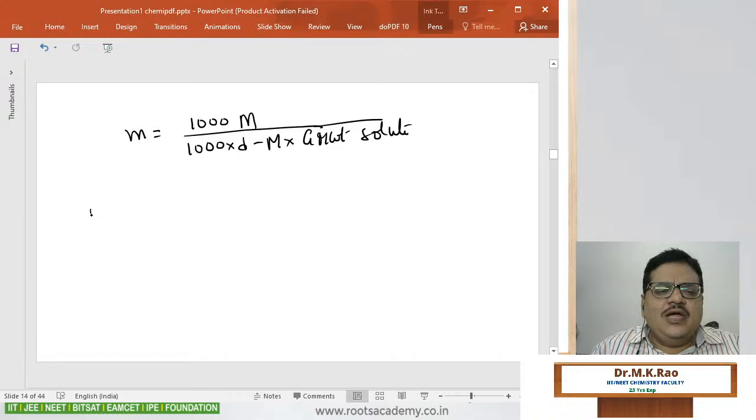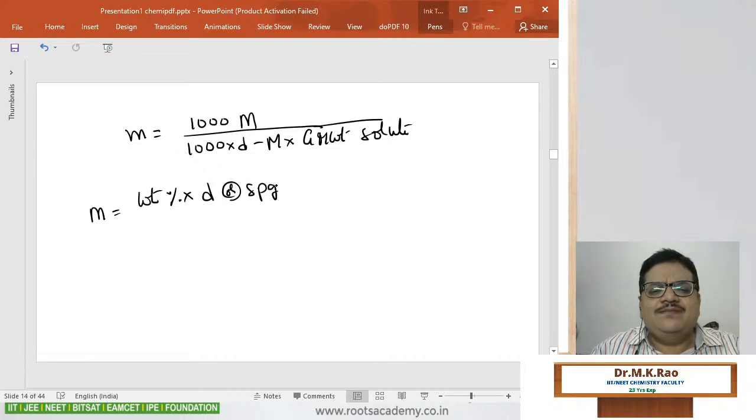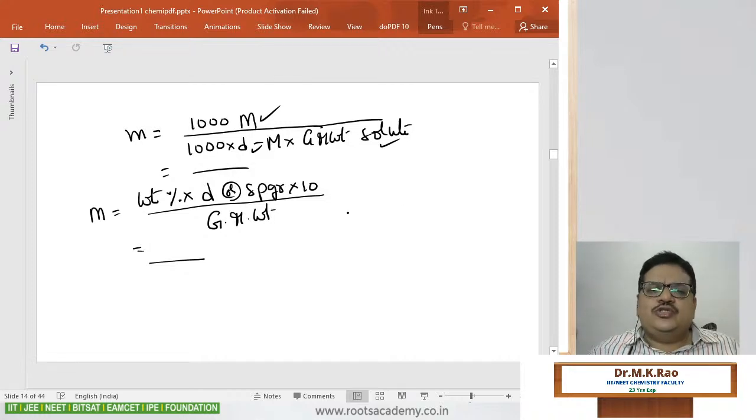We are finding molarity. Molarity is equal to weight percentage into density or specific gravity into 10 whole by gram molecular weight. You find its value, substitute here, density substitute here, and everything, and you will get finally molality. This is another approach.